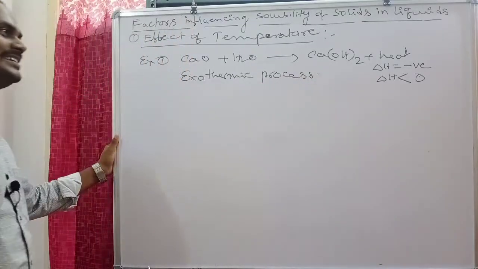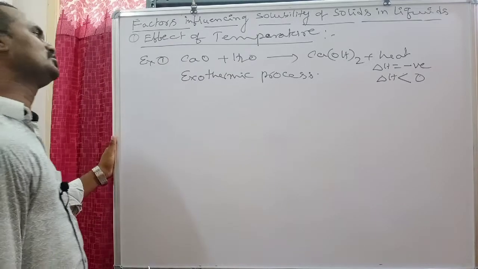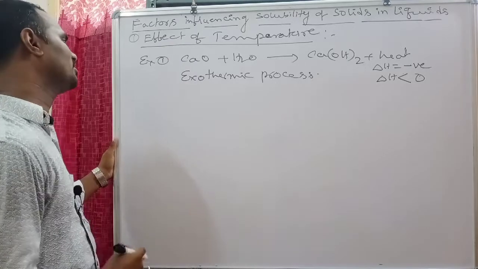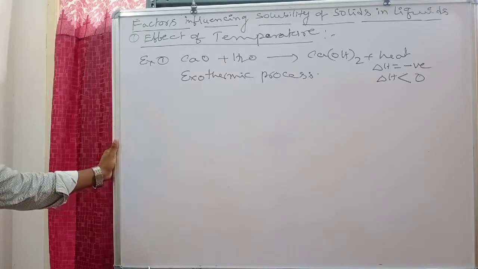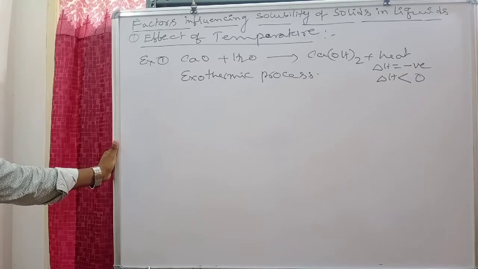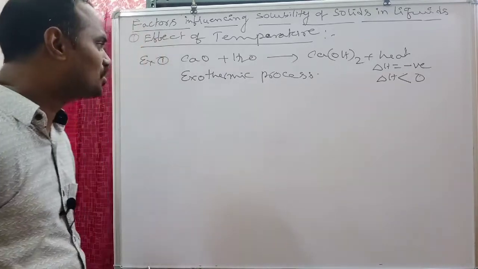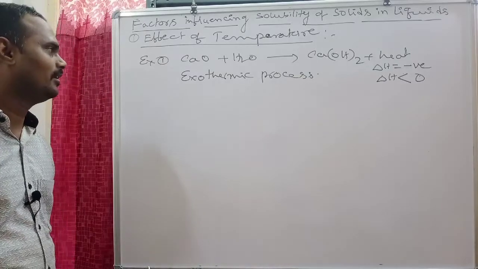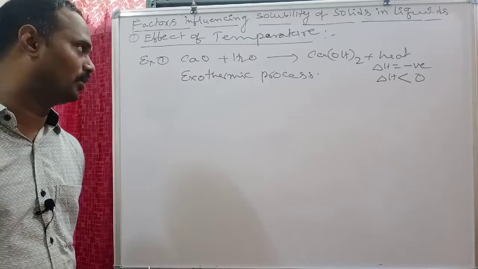To understand the temperature effect in an exothermic or endothermic process, we should know Le Chatelier's principle. According to Le Chatelier's principle, for an exothermic process, low temperature is favorable.